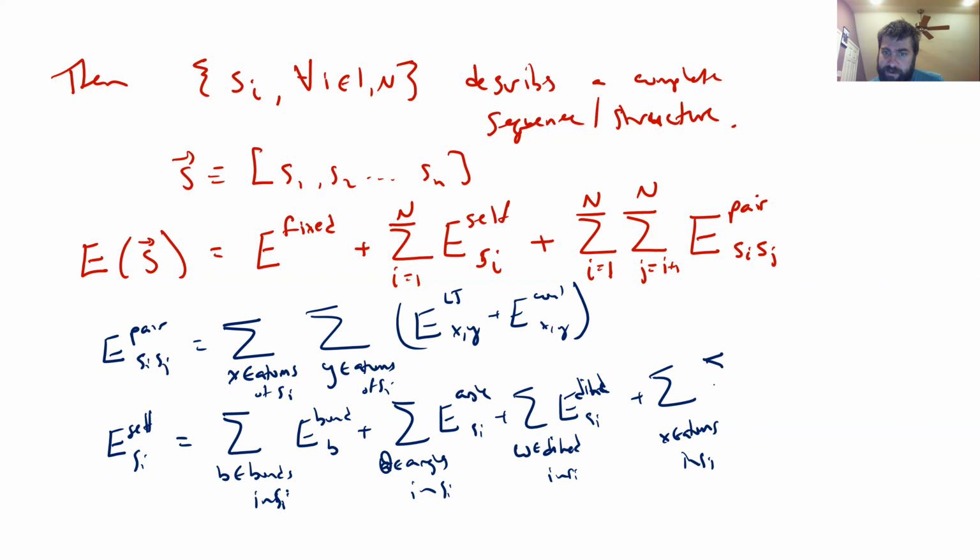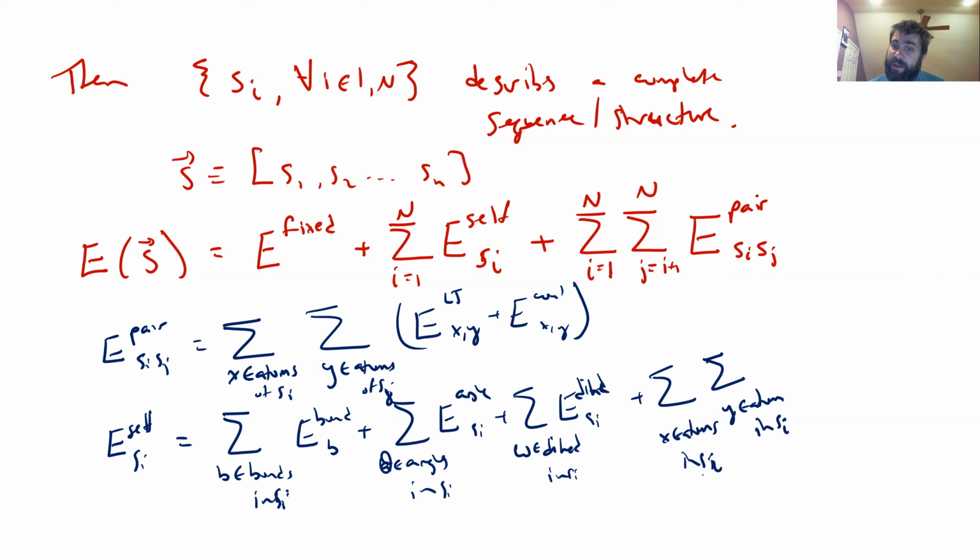So we'll have a double sum over other atoms in Si. These are both Si. In the pair energy it was a sum over Si and Sj.